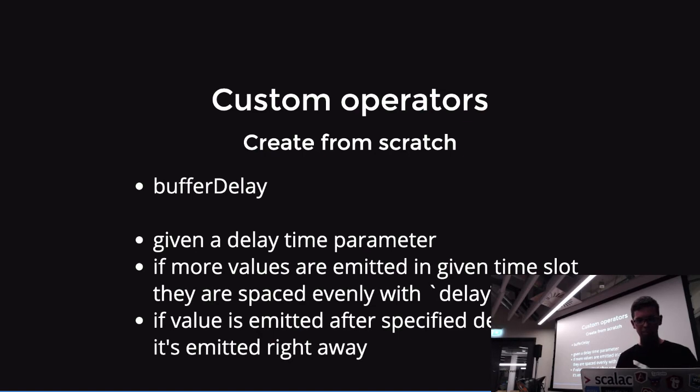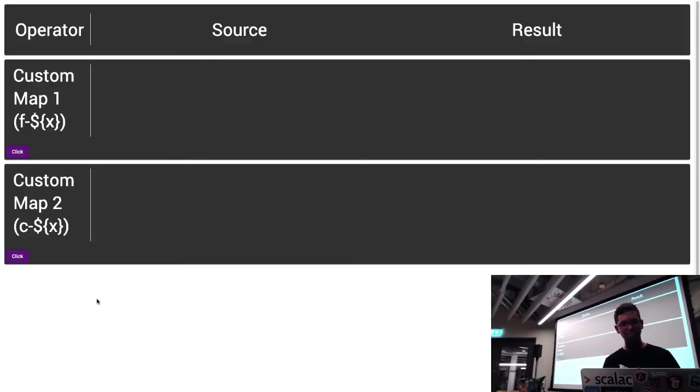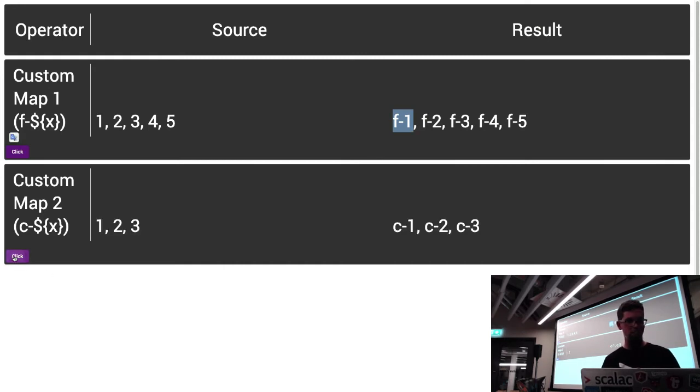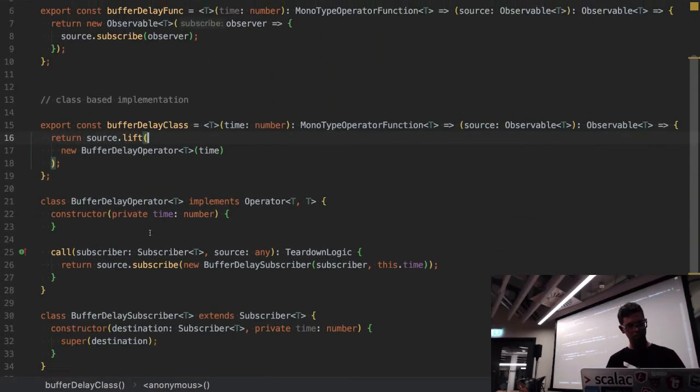And this is the scary part, live coding. I've created a simple application to showcase how it's working. Those are the custom map operators which I showed you before, which basically map values to f-dash-value, and the same with the class-based approach.